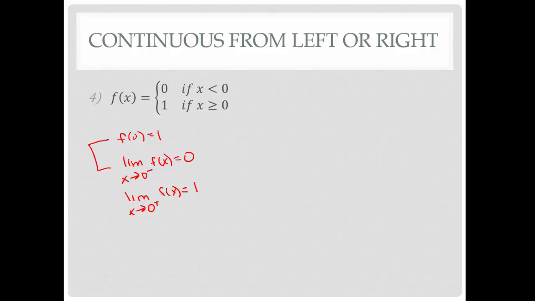Are those the same? No, so this is not continuous from the left. If we want to check and see if this is continuous from the right, we compare the right limit at 0 to f of 0. Are those the same? Yes, now we've got it. So this particular function, while it is discontinuous at x equals 0, at x equals 0 it is continuous from the right.